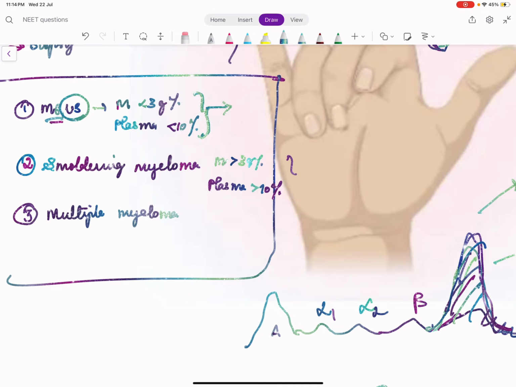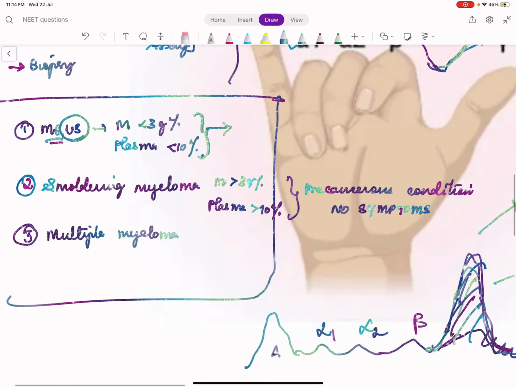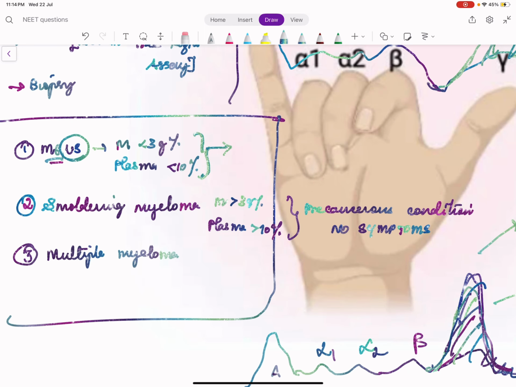Smoldering myeloma is like a precancerous condition. There is elevated M protein and elevated plasma cell count, but there are no symptoms. So if the same electrophoresis pattern is given, but the scenario doesn't give any symptom, then the answer has to be smoldering myeloma.